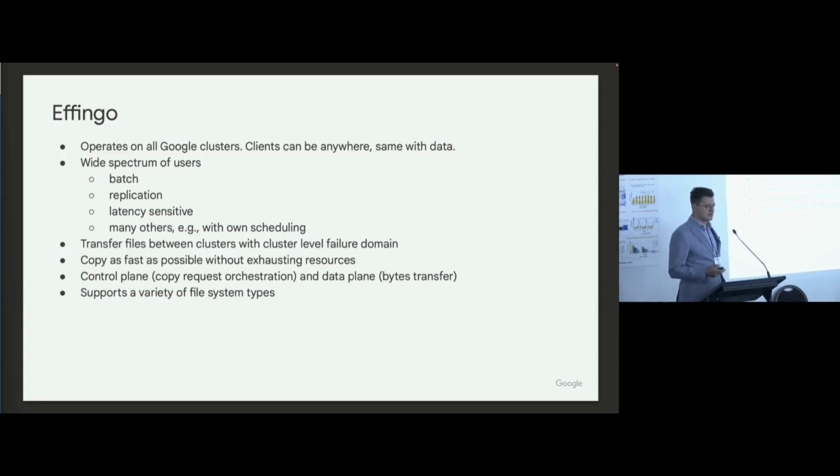So this service has a cluster level failure domain, meaning that a client can be in any cluster and can request copying a file from any other cluster to any other cluster.